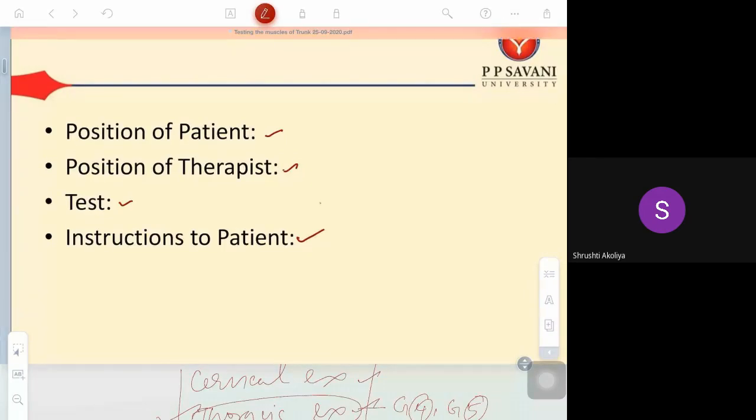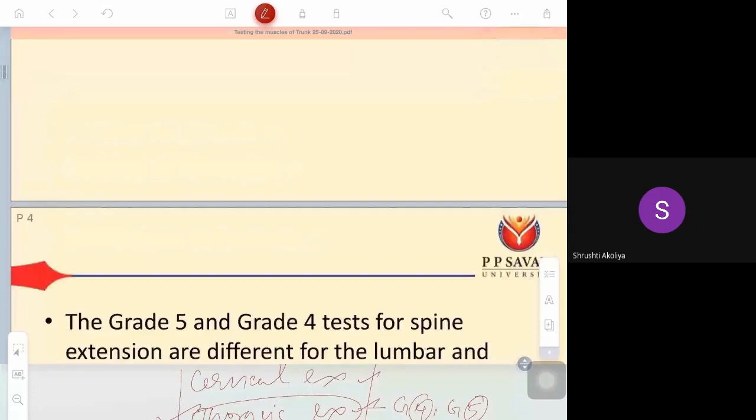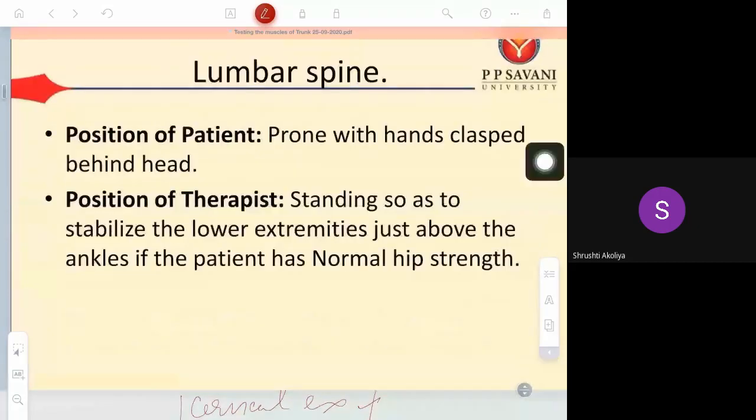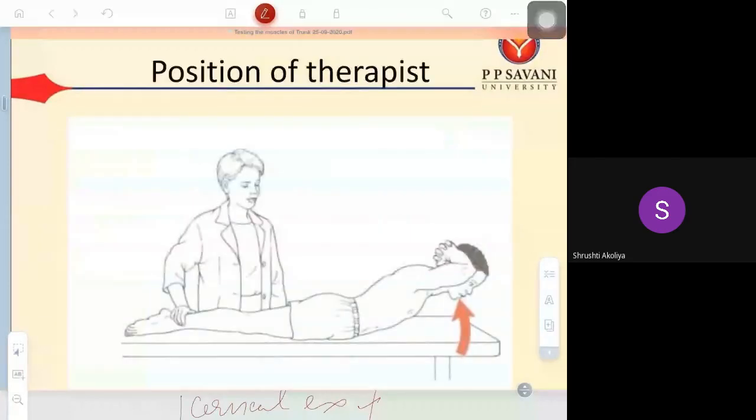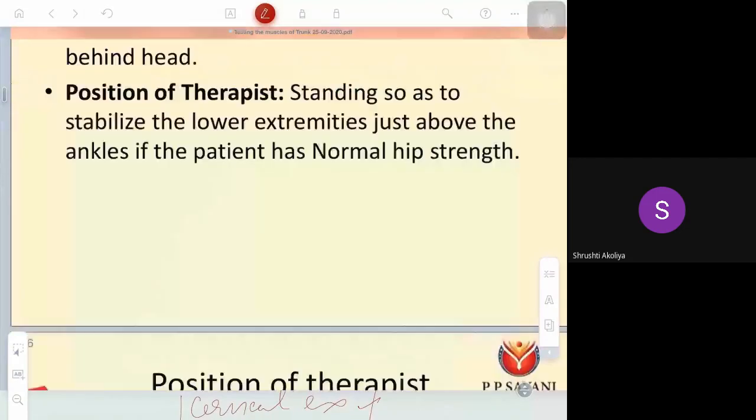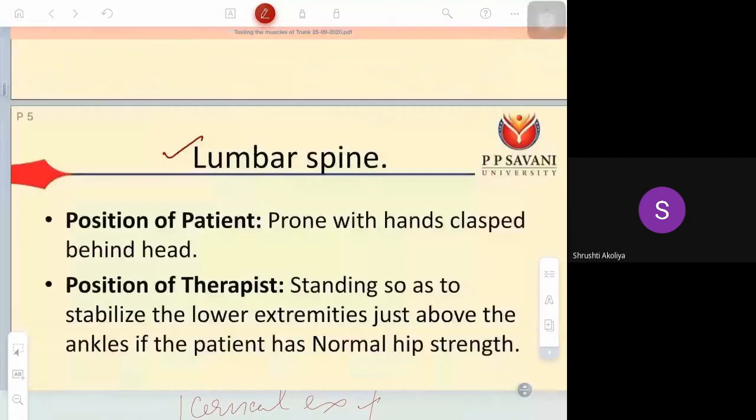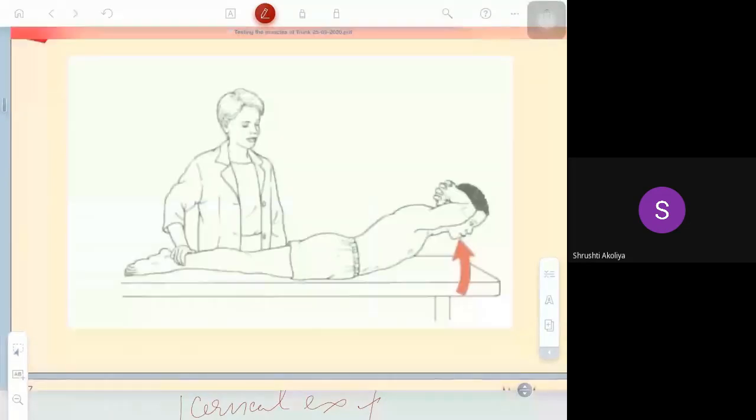First is lumbar spine, position of the patient. So instead of going through this, you see the slide first. Image first. This is lumbar spine position. Clear?